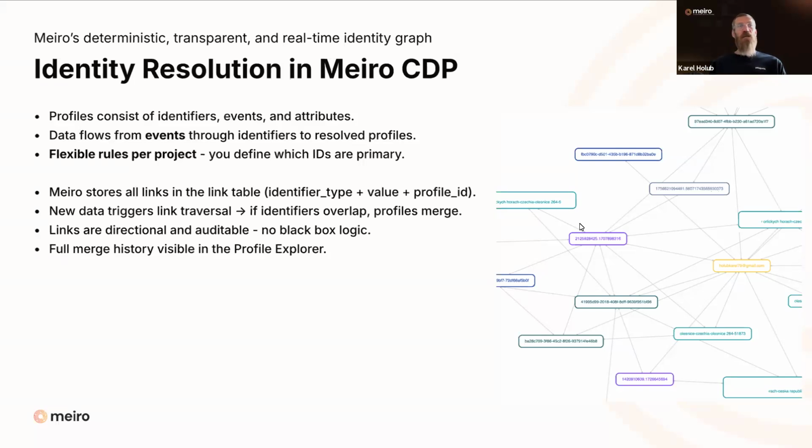In Miro CDP, it's also possible to use multiple profile types in the same instance. So for example, with the B2B business model, we can have accounts as those companies, and each account can have multiple contacts linked to it.